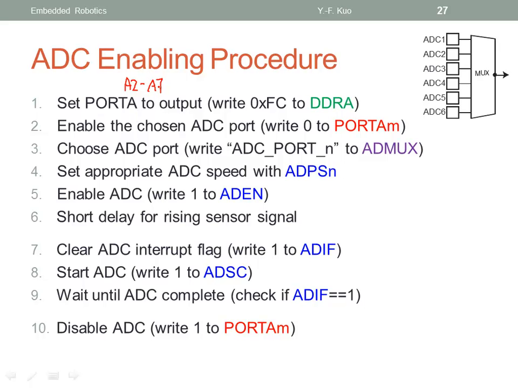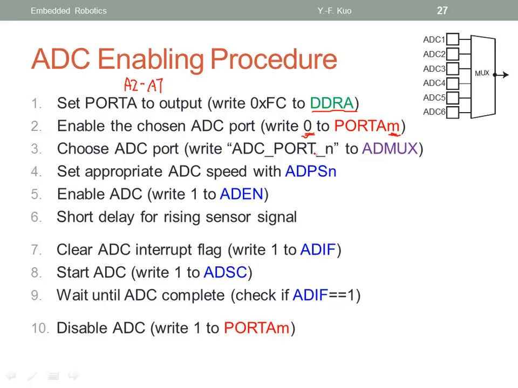First we have to make port A an output port. How do we do that? We write 1 in the register DDRA. Remember that 1 is used to make a port output, and 0 is used to make a port input, right? And then for the sensor connected to the microcontroller, we write 0 to that port to turn on the sensor.